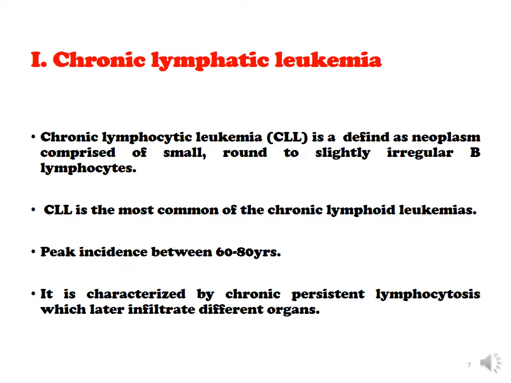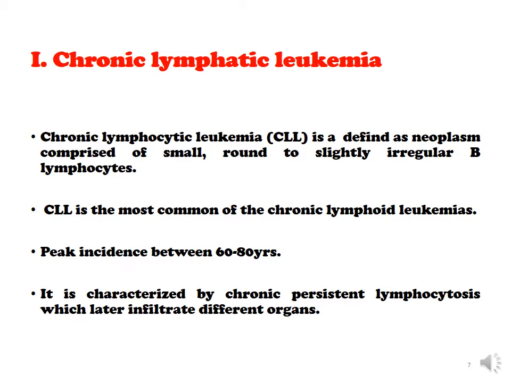CLL is the most common type of the chronic lymphoid leukemias. Its peak incidence is from 60 to 80. Actually, we have started to see chronic lymphocytic leukemia at younger ages. It might not be that common below 40 years, but we have started to find it at younger ages.